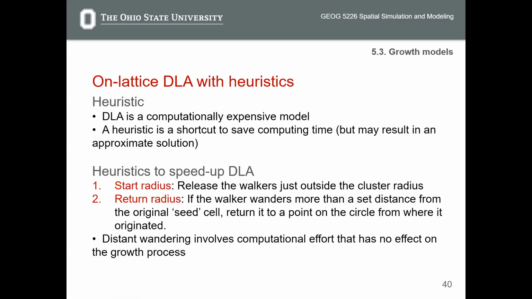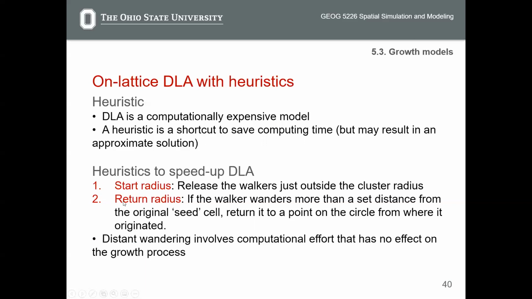We still want to form an aggregation using the framework of DLA, using the general idea of DLA. How to do that? We can change the start radius, release the walkers just outside the cluster radius. I will show you examples later, but now let's just read through these rules. Some variations to speed up DLA.